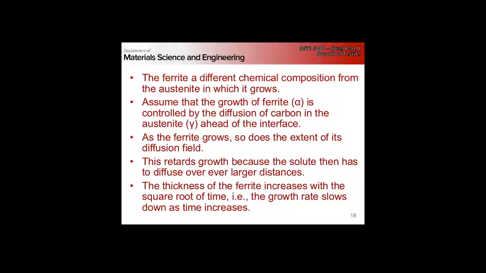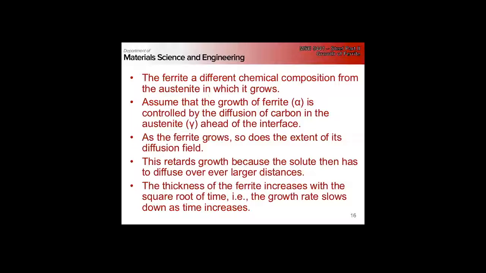So if we assume for right now, in the analysis that we're going to do, that the growth of the ferrite is controlled by the diffusion of carbon ahead of the interface, right? So as we grow, are we absorbing carbon or are we rejecting carbon? We're rejecting, right? So we're pushing essentially a carbon front out in front of the interface, right?